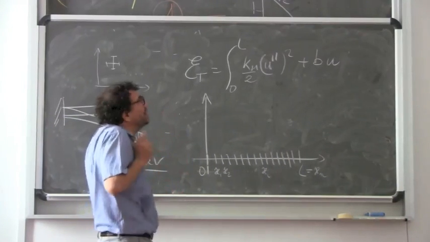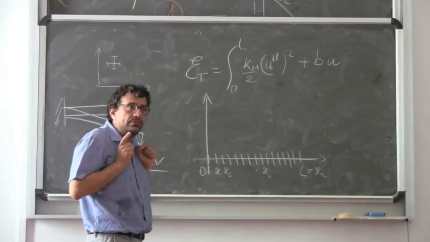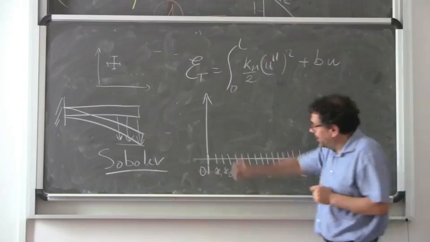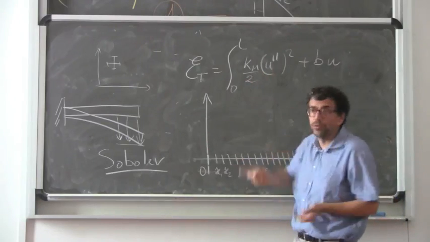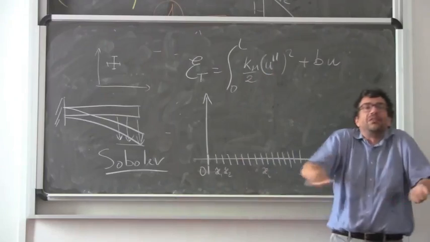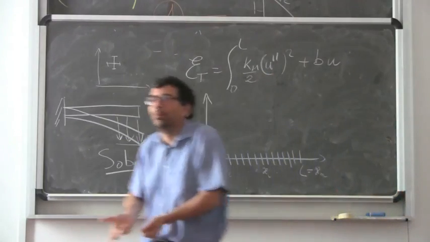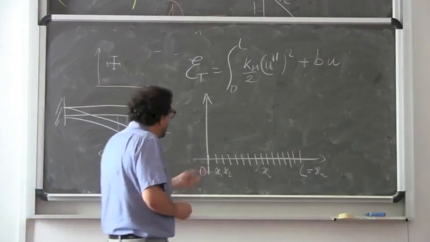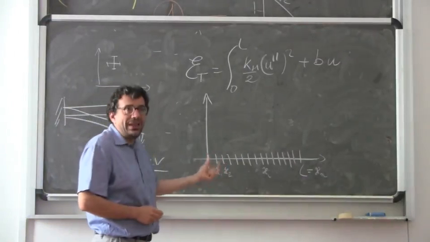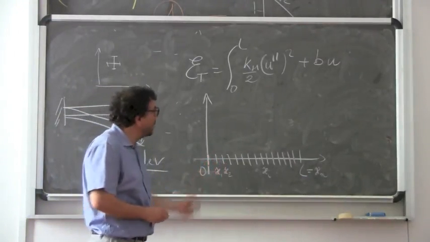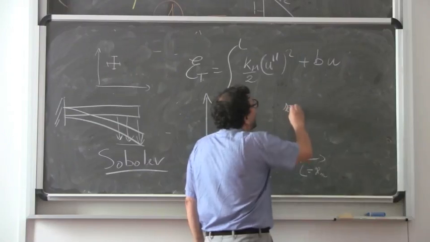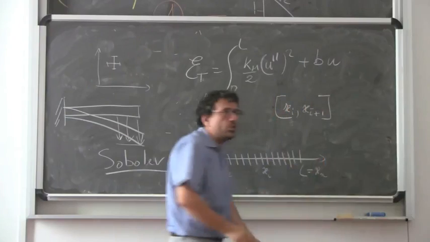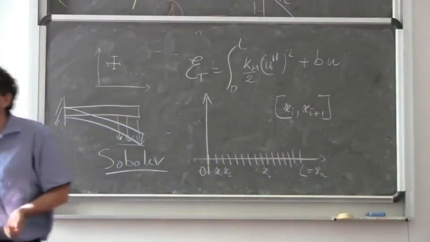Then you remember the theorem of Variational. In every interval here, I have the solution u. However, I can approximate it with a polynomial. So you can choose in every interval, so in the interval xi to xi plus 1, you can choose a polynomial.